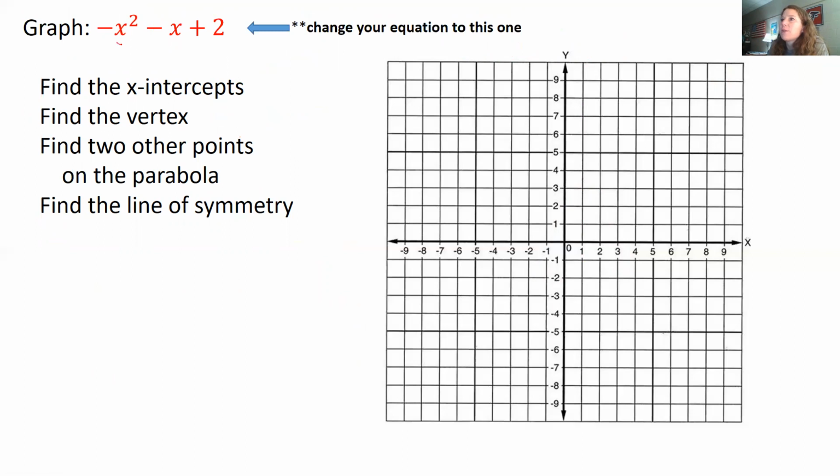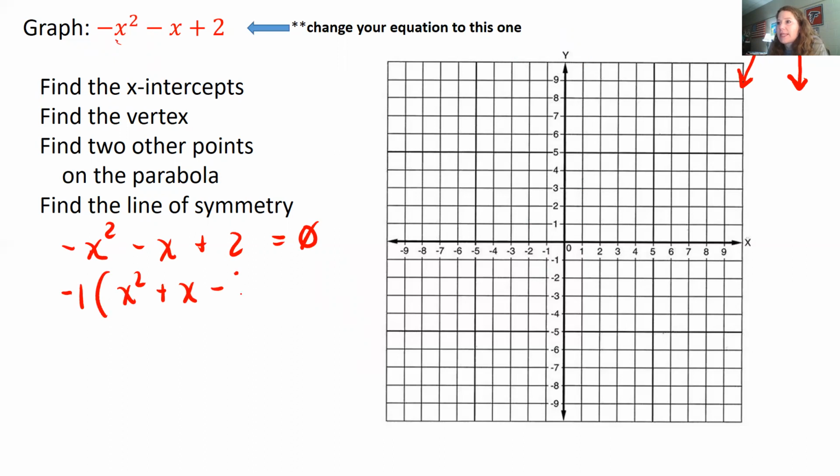All right, so once again, we have a negative coefficient. Once again, we're going to have a sad parabola, frowny face. We're going to find the x-intercepts by setting this whole equation equal to 0. Just to factor it, I'm going to factor out a -1 because it's easier to factor that way, which basically changes all my signs when I pull out a -1.